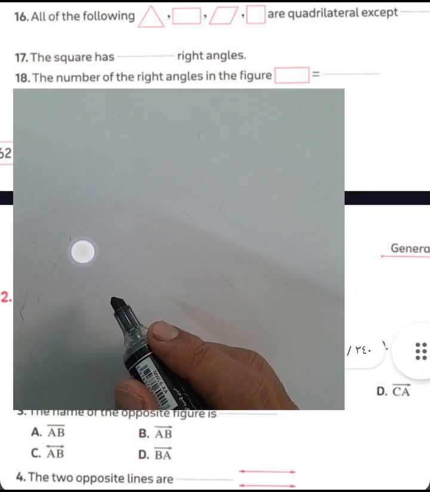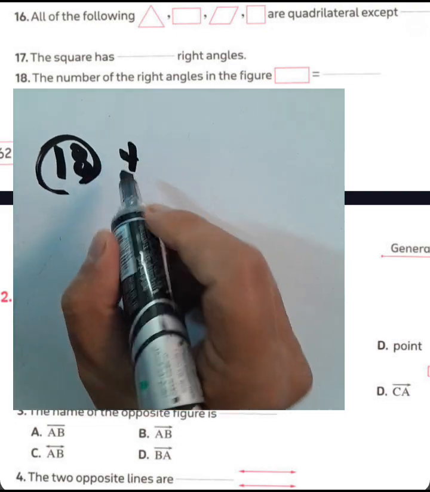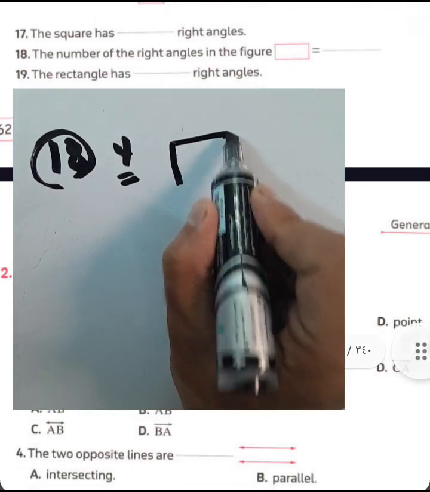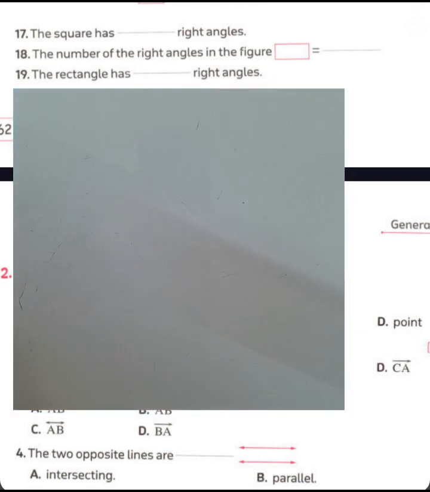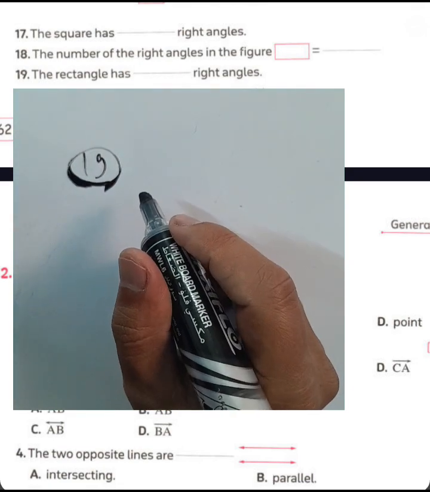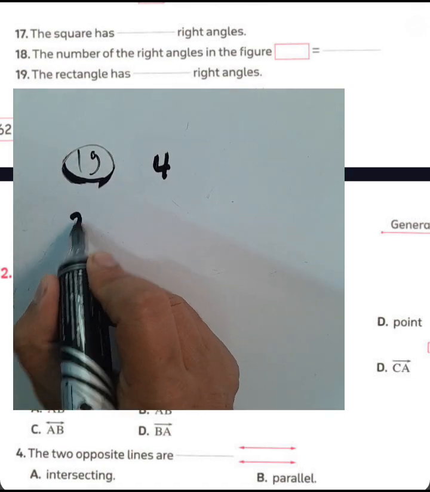The number of right angles in the figure: we have a rectangle. In the rectangle we have 4 right angles. 1, 2, 3, 4. Question 19. The rectangle has 4 right angles. Question 20.